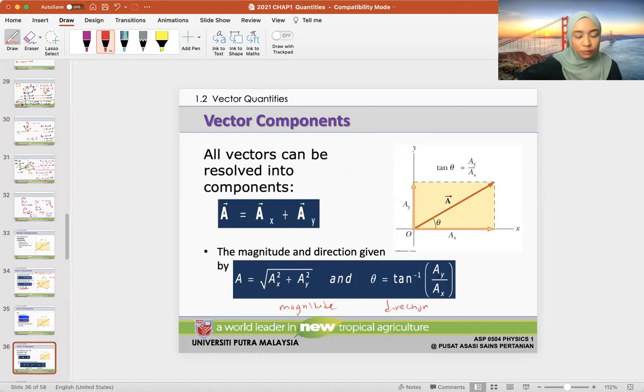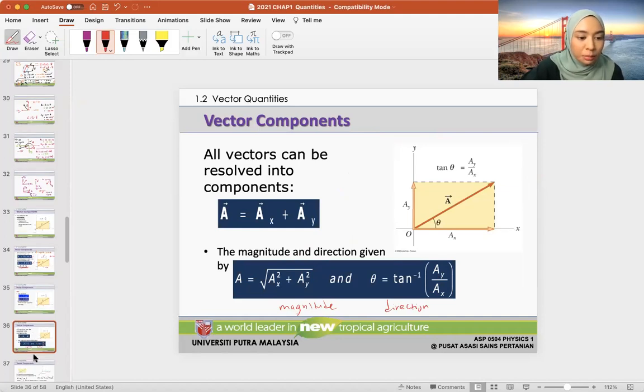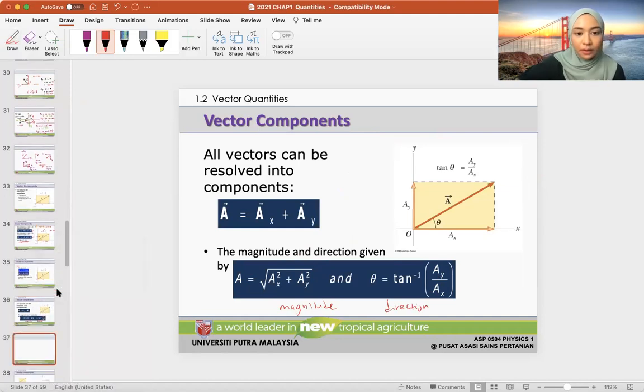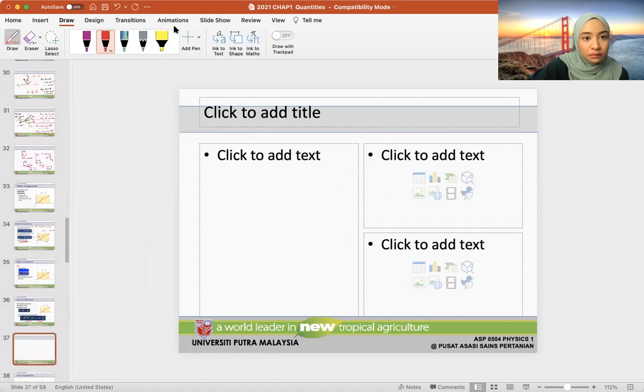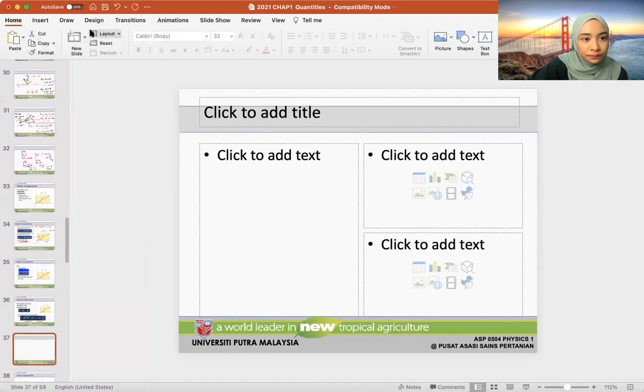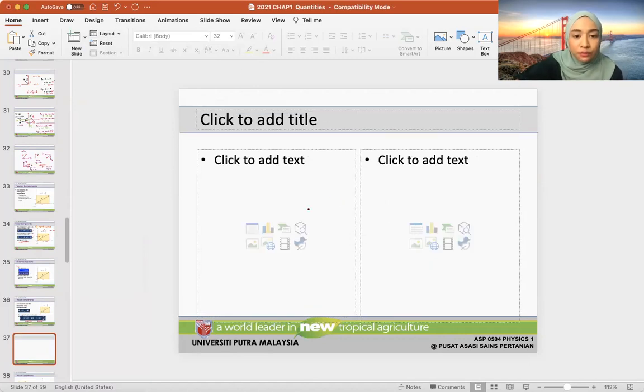Okay, so now everyone is confused. Why are there so many equations? Okay, let's summarize. What if we have vector A? We have vector A. Why is it like this? Wait. I want this to be blank, it is blank.